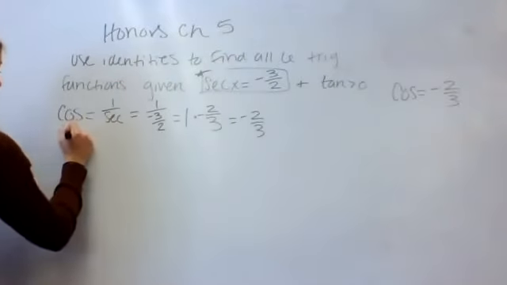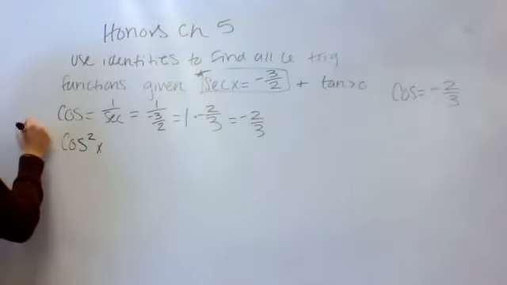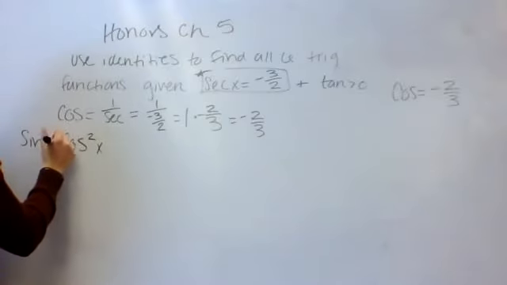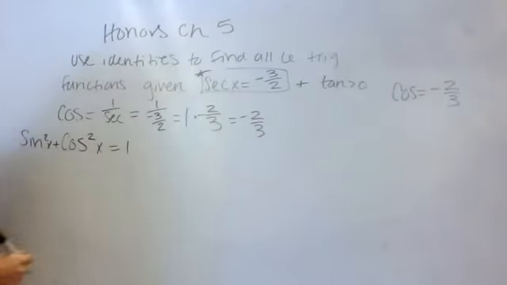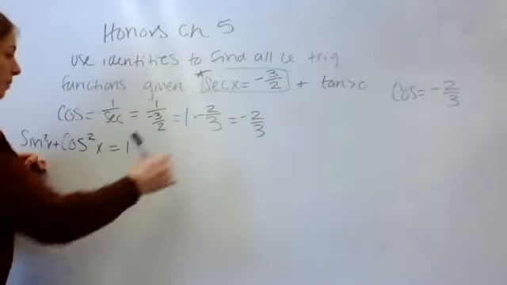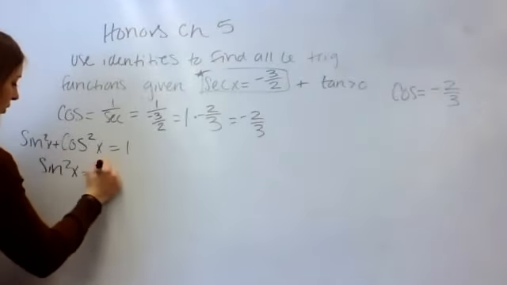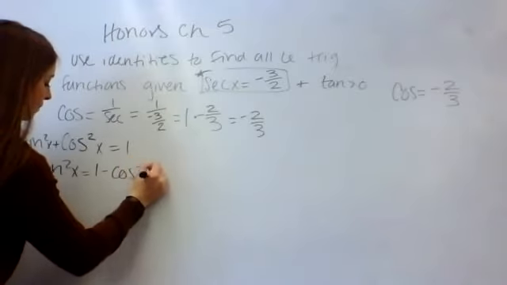Sine squared plus cosine squared equals 1. Since I know cosine, I'm going to solve for sine in my actual Pythagorean identity.